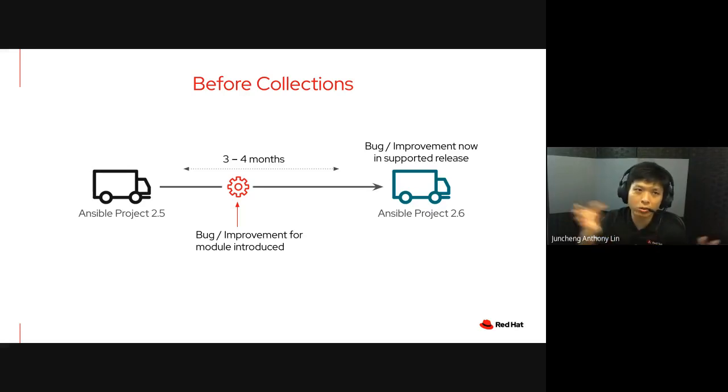So it means that at this whole junction, the whole time frame, right, you will basically be using something that has bugs and that you will have problems trying to patch, because that whole package that comes in will actually contain all these things that basically will take a while before it can be updated, right?